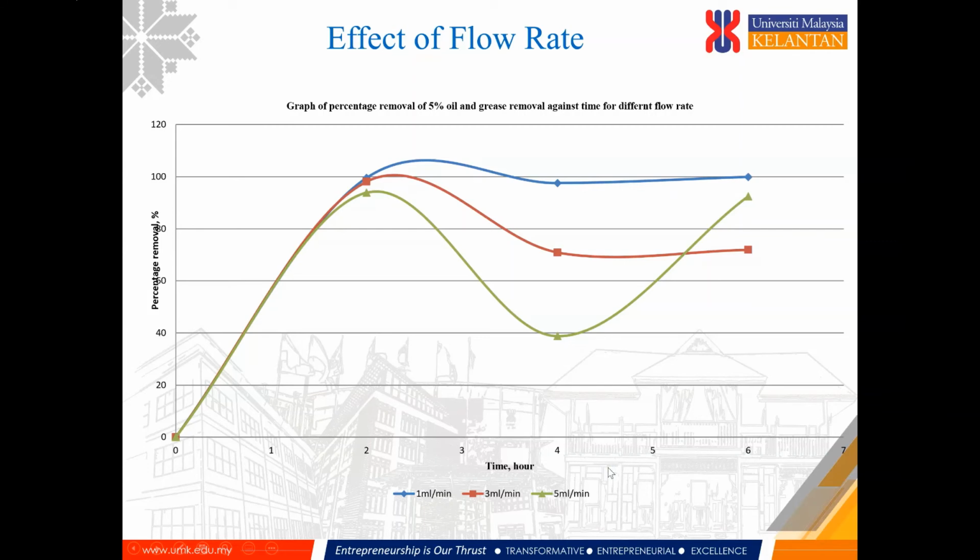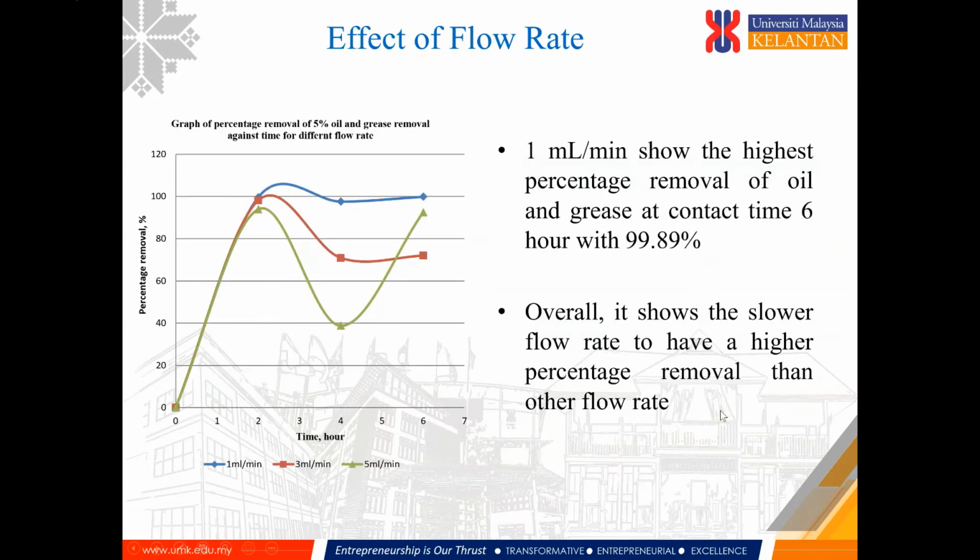Next, effect of flow rate. This is the graph for flow rate. First, 1 mL per minute shows the highest percentage removal of oil and grease at contact time 6 hours with 99.89%. Overall, it shows the slower flow rate has a higher percentage removal than the other flow rates.